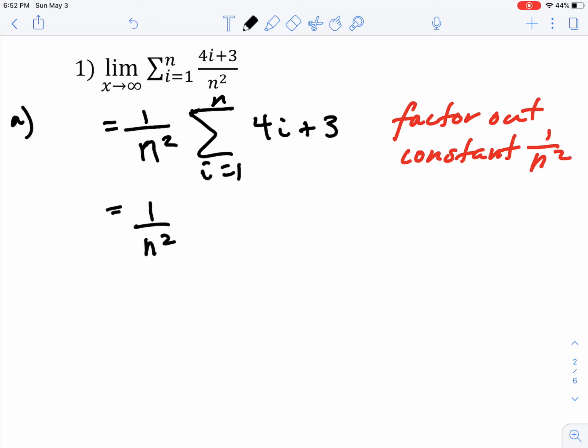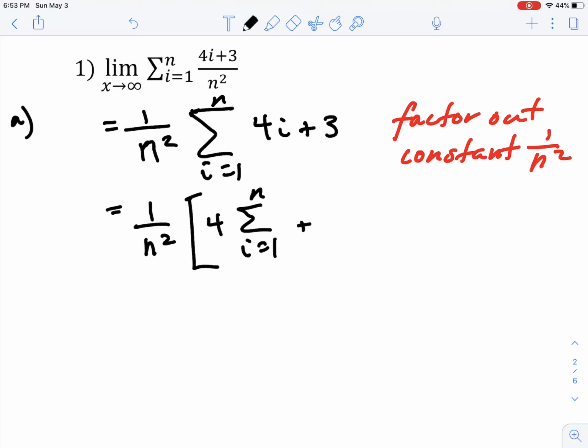Now in our next step, we have that 1 over n squared on the outside, but just like we did in our previous problem, let's separate these two terms using the summation properties. I'm going to factor out 4 from the first term that I've separated out: the sum from i equals 1 to n. So all I have so far is just this term.